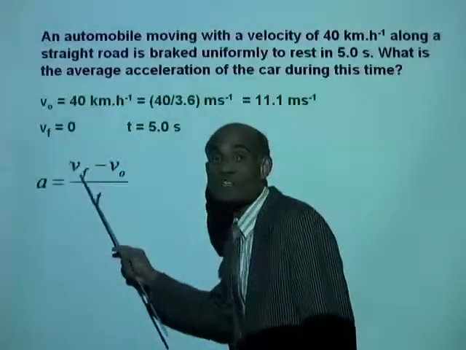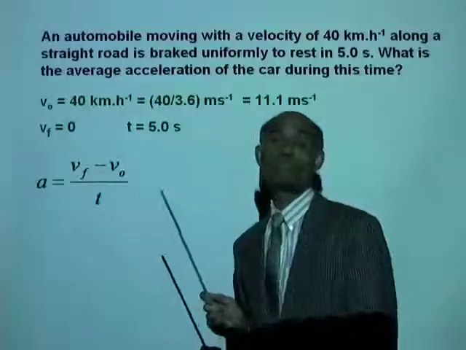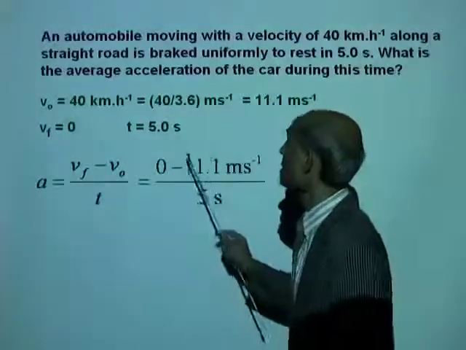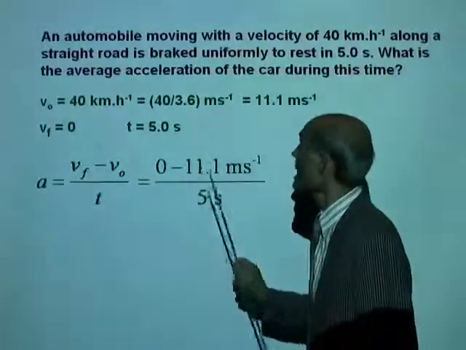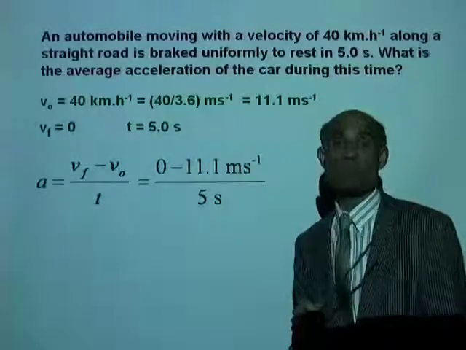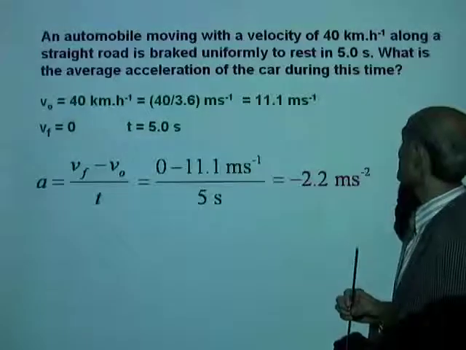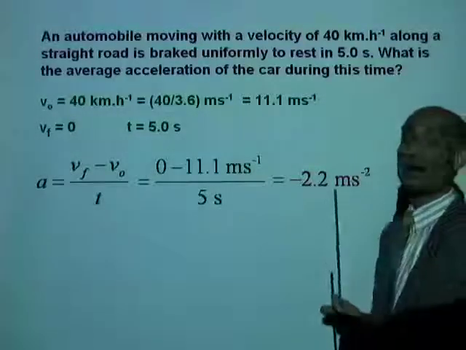Acceleration is the change in velocity, Vf minus V0, over time, and that will be 0 minus 11.1 meter per second divided by 5 seconds. That is negative 2.2 meter per second squared.